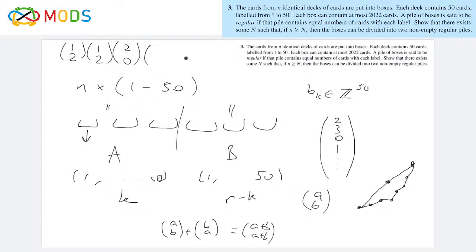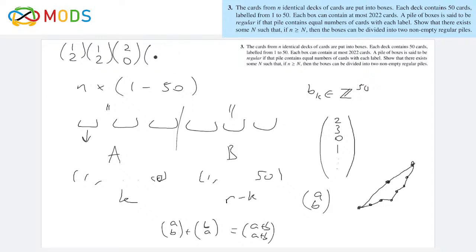This is so annoying. Maybe we can induct on the number of cards as well, because if you assume that each box can contain at most 3 cards, then it's pretty straightforward, I think. Is it?